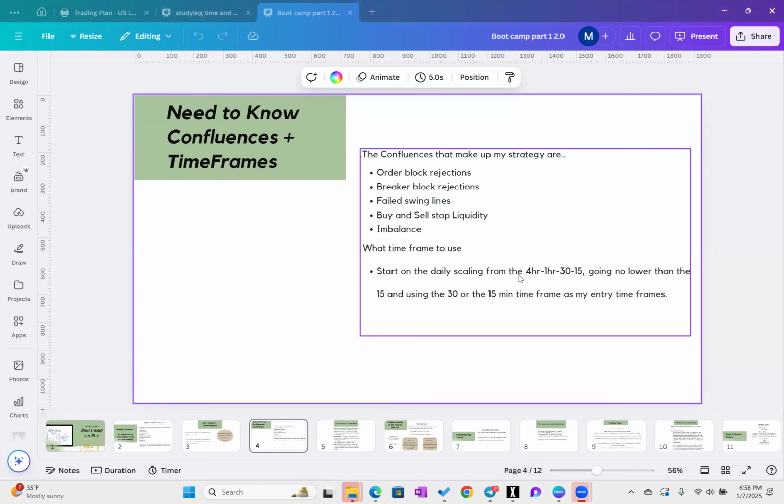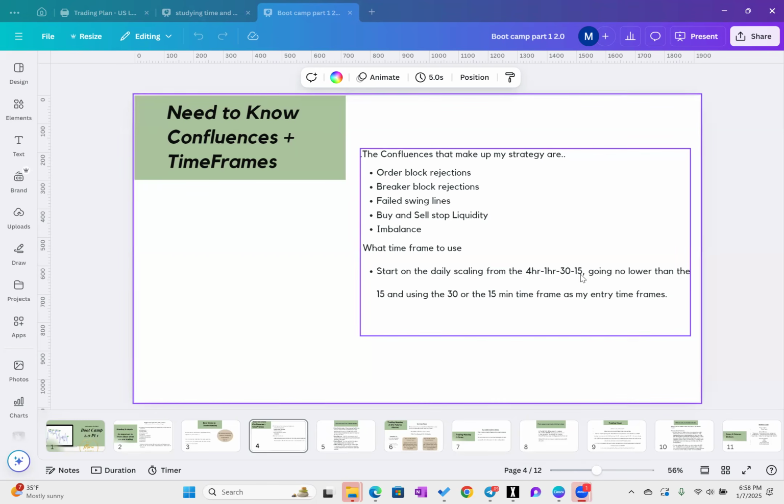For scalping, what time frames would you suggest to start on top down? Probably the 30 or the 15, because you want to keep going lower. So you don't really need to start on the higher time frames for scalping. You can use this strategy for swing and you can use it on anything. Some of my students don't only trade NASDAQ.